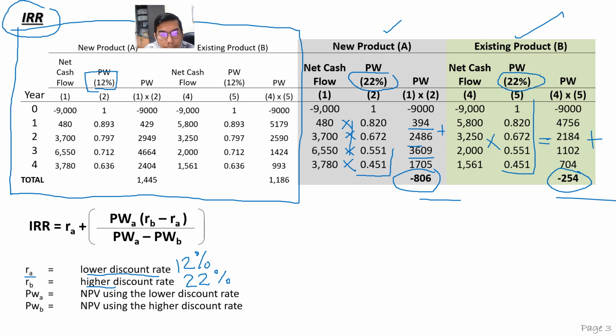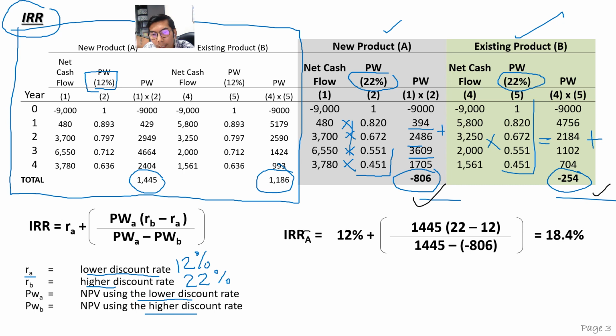So dekat sini PWA ni NPV using lower discount rate. So inilah dia, yang menggunakan lower discount rate 12%. PWB NPV using higher discount rate. Okay, ini this one. So after you determine the value, masukkan, calculate dulu produk A, new product. Okay, new product A. Okay, RA lower discount rate 12%.